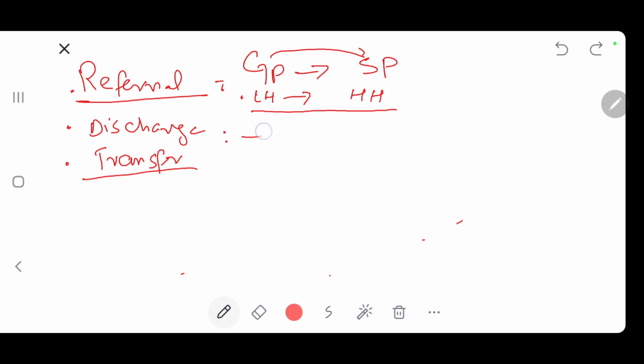Now, in case of a discharge letter, mostly a specialist in case of medicine will be writing this letter back to the GP.